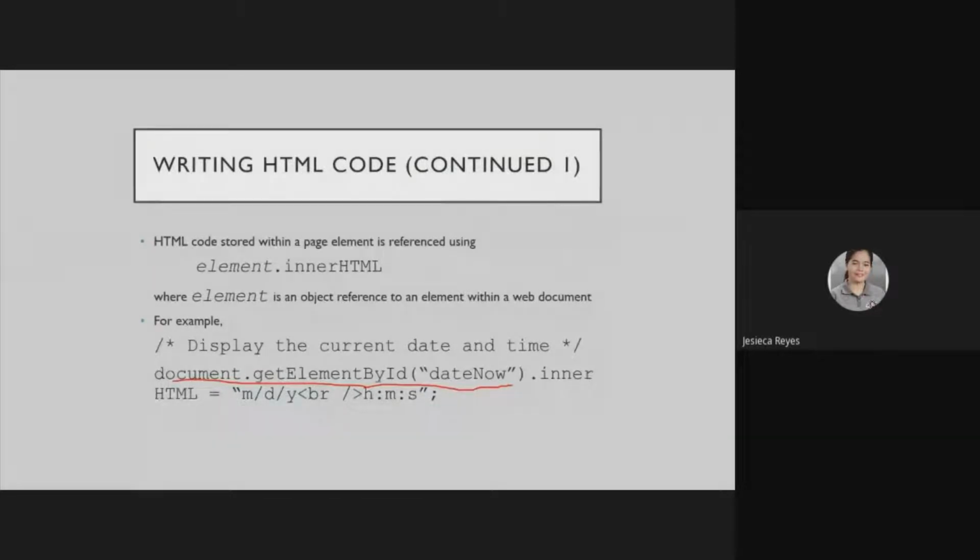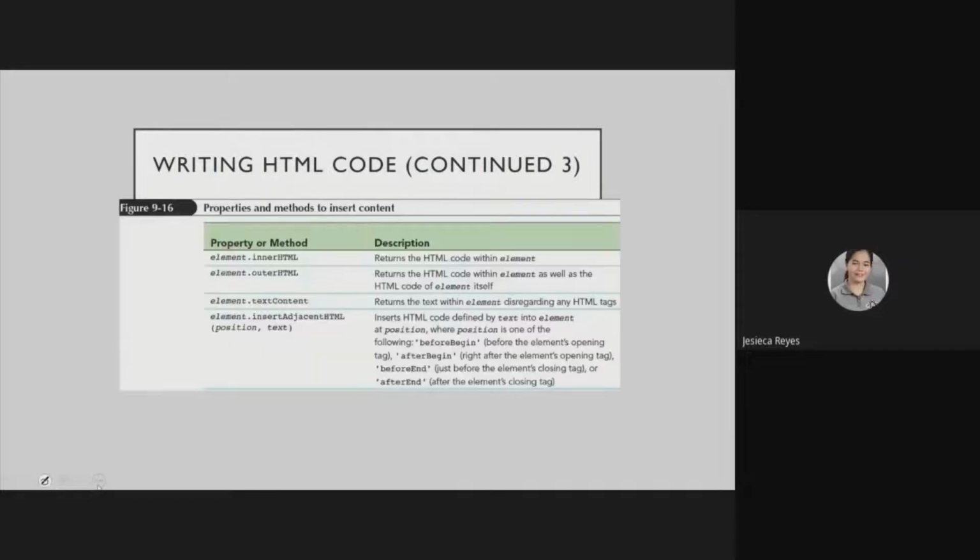So .innerHTML is equal to month, date, and year. And we have inserted a line break here. Then we have the hours, minutes, and seconds. Okay, on the next lesson, we will have the demonstration on this date.